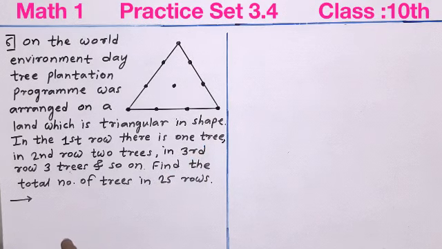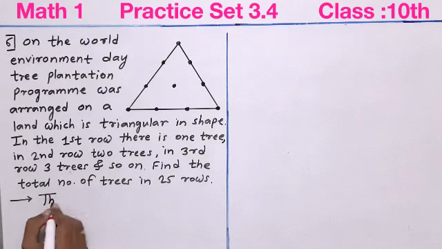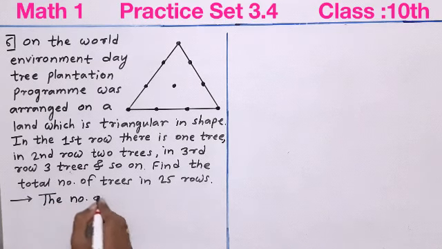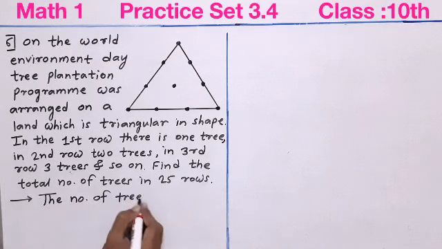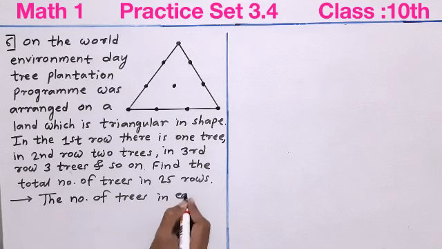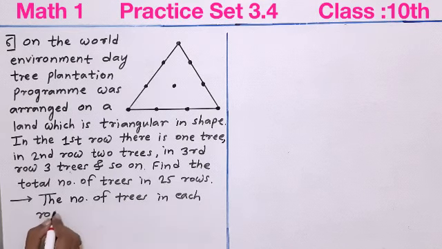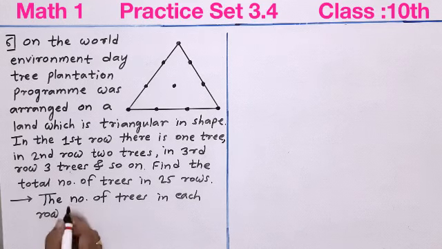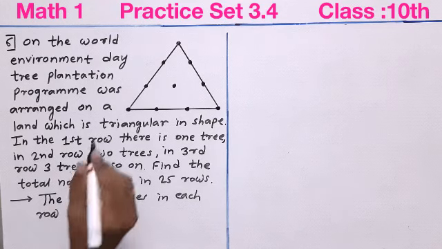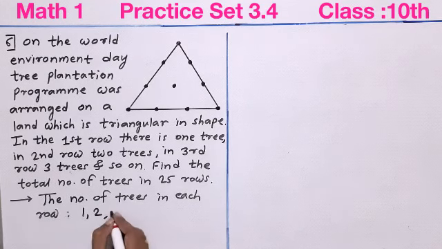So dear students, what is given here, first we are going to write that the number of trees in each row is, you can see here, first row has 1 tree, second row has 2 trees, third row has 3 trees, fourth row has 4 trees and so on.